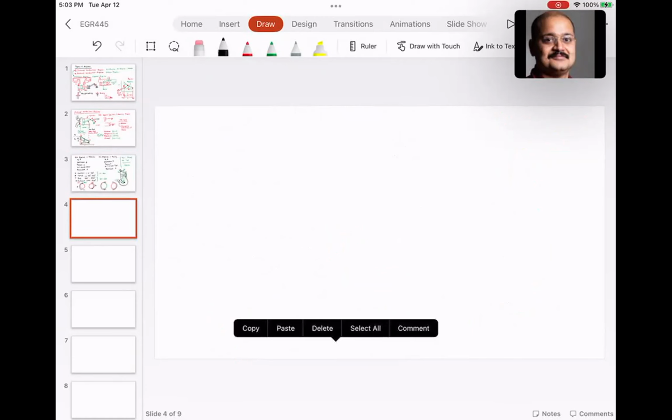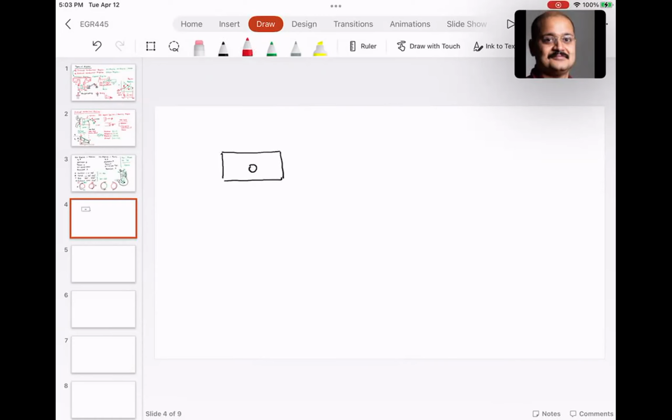looks something like this. It has a piston. This piston is flush with the cylinder. So this is the cylinder. This piston has grooves.